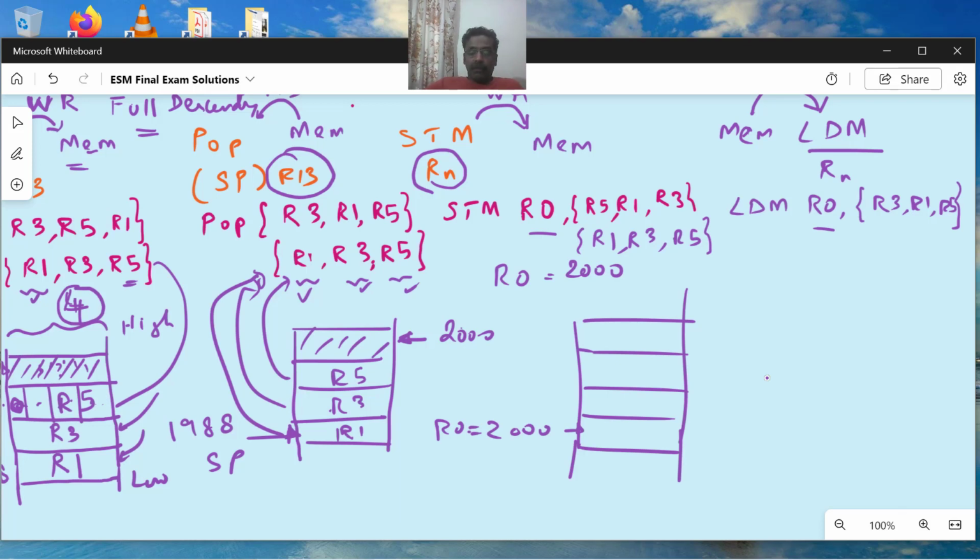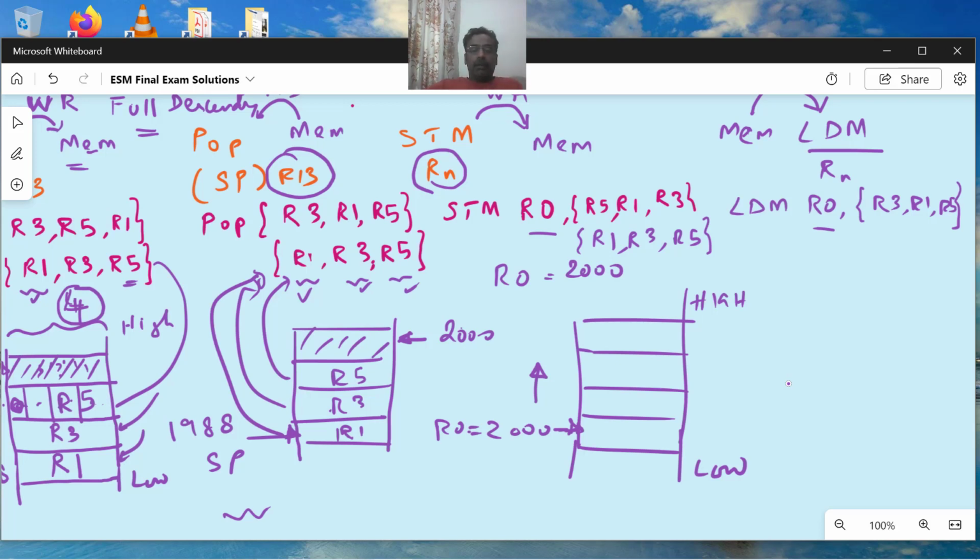Okay. What happens is whatever memory it is pointing at, it's always going to write from that onwards to the higher addresses. Okay, please note this is independent of whatever is being followed for push and pop. That's why I want you to keep an idea that push and pop are specific to the full descending stack, whereas STM and LDM always follow one standard way of doing it. The stack may be empty descending, full descending, empty ascending, or full ascending.